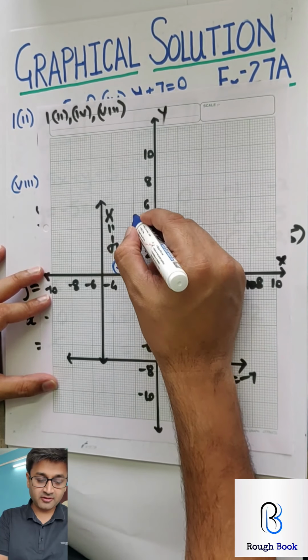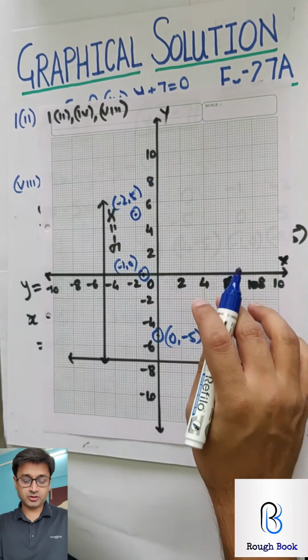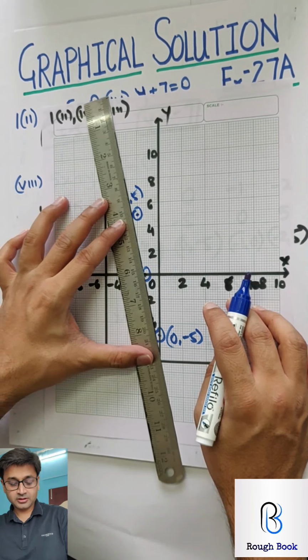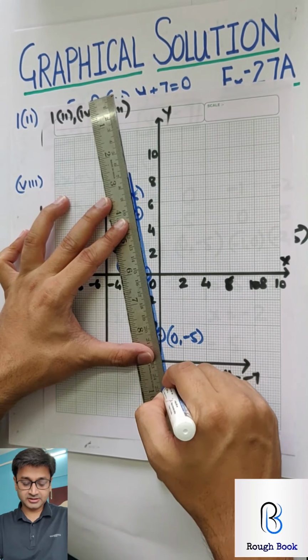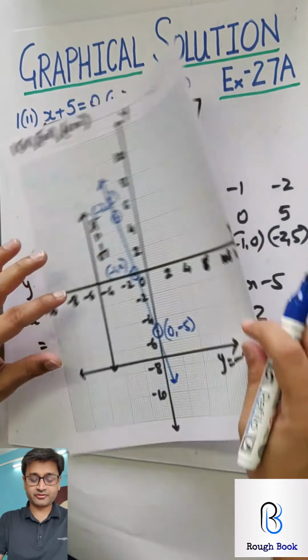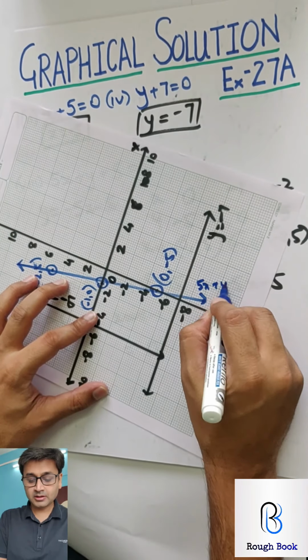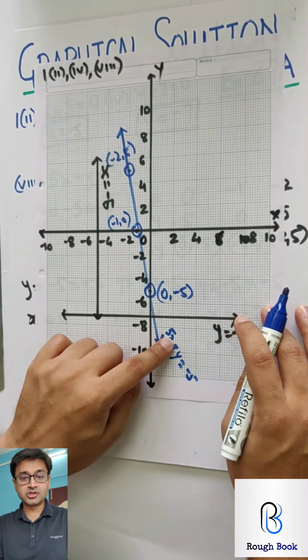So minus 2 by 5 is here. Let's see if these points are collinear. They seem to be. They should be. Yeah, they are. So let's draw a line passing through all 3 points. Write the name of the equation, 5x plus y equals to minus 5. So all 3 equations are on the same graph.